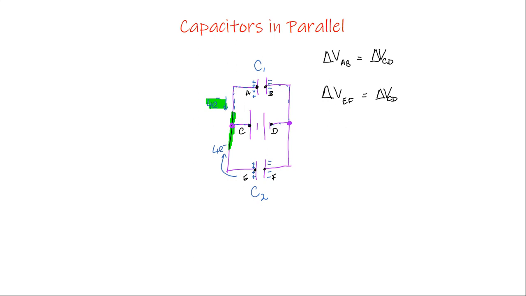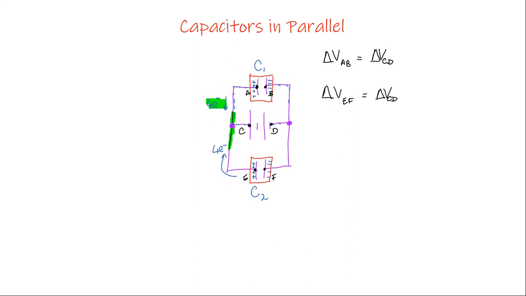Now if we take a look at the charge, this is a little bit different, because the charge coming off of the EF capacitor is a separate amount of charge than is coming off the AB capacitor, because these two are independently connected to the battery.